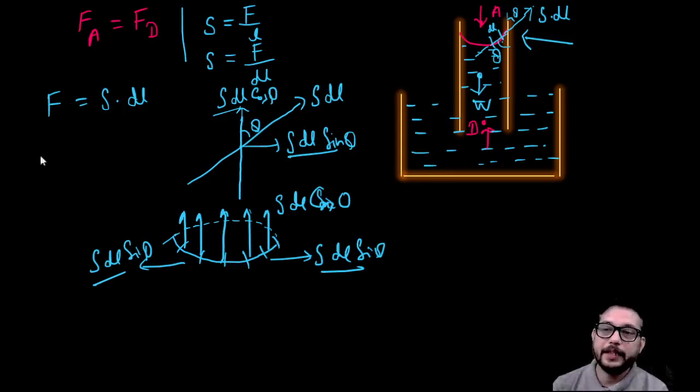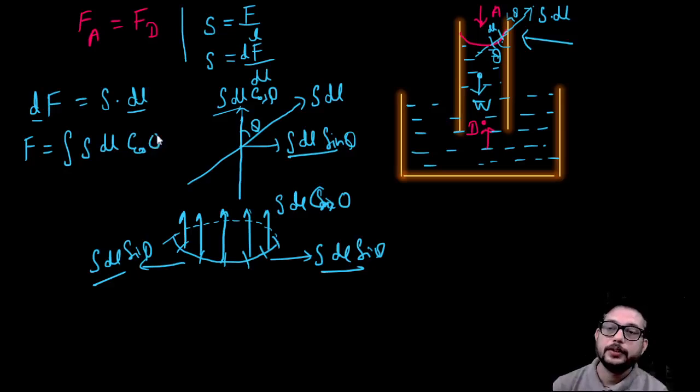Suppose this is a small df due to the small element dl. Then the force will be the integration of all the forces, that is S dl cos theta. It can be written as S cos theta times the integration of dl.